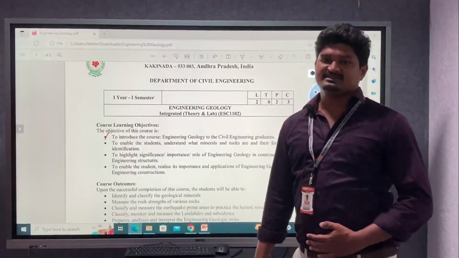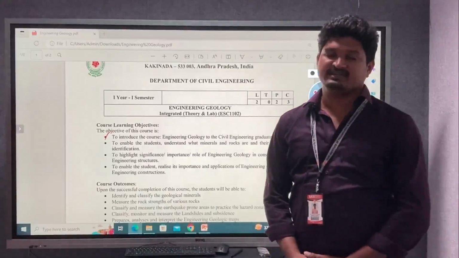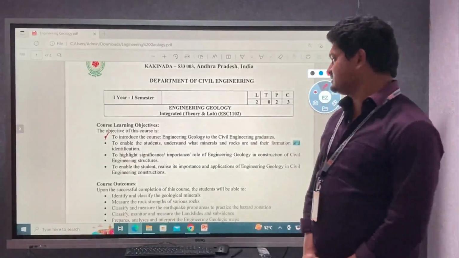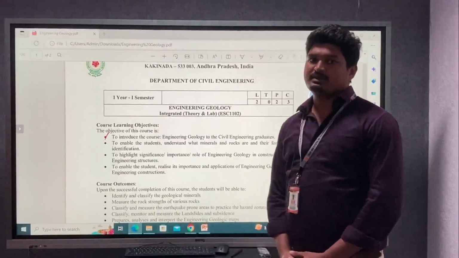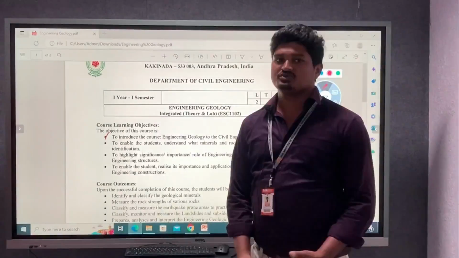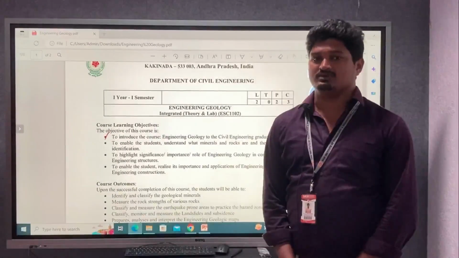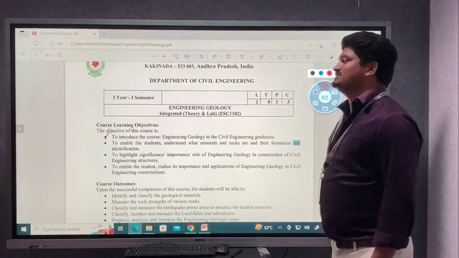Geology is a basic subject for every civil engineer to understand. Why? Because civil engineering students will work on almost all earth surface related works, so they definitely need to know about geology.